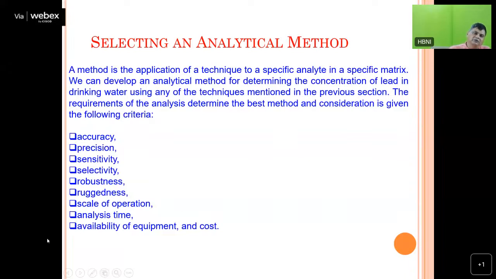Suppose you are doing a determination at the percentage level, then there is no need to go for sophisticated equipment. Even a simple XRF will be good enough for your measurements. But if you are determining in the range of nanogram per gram, in the range of ppb, then you need very sophisticated equipment, and the processing should be such that there is no addition of that particular analyte during sample processing.